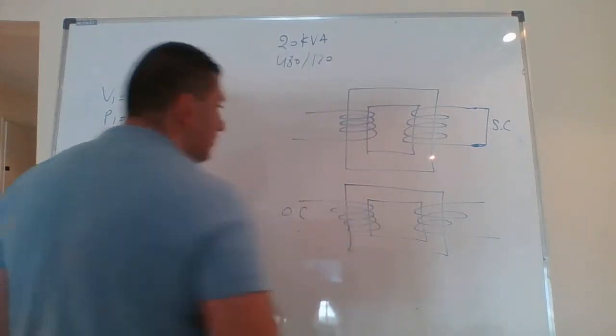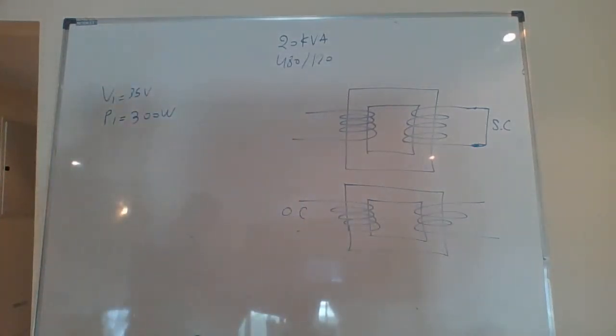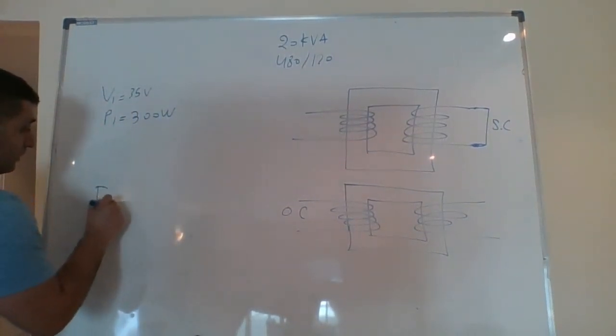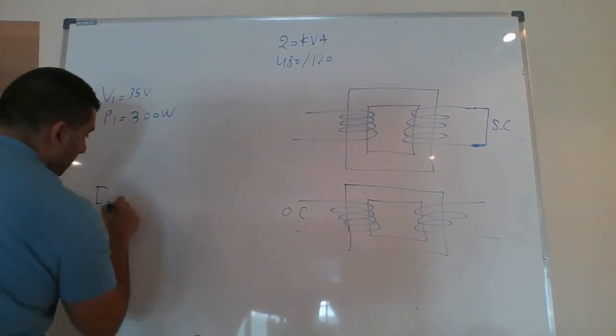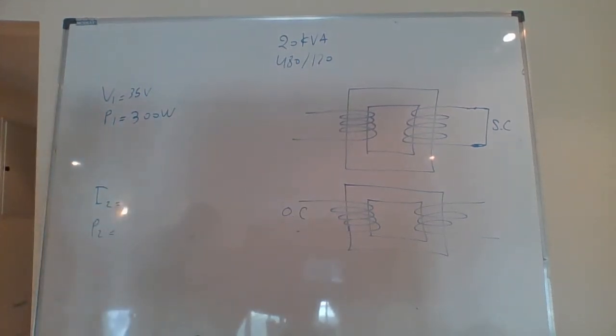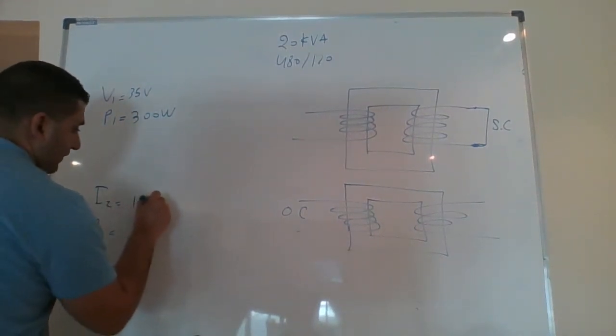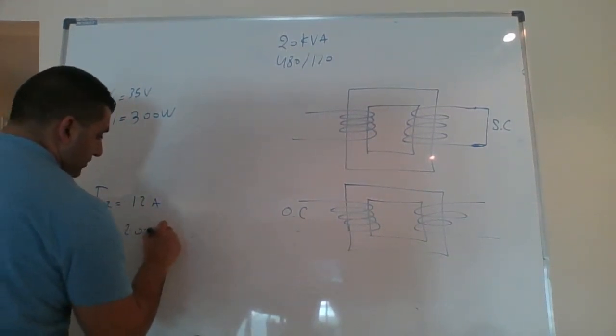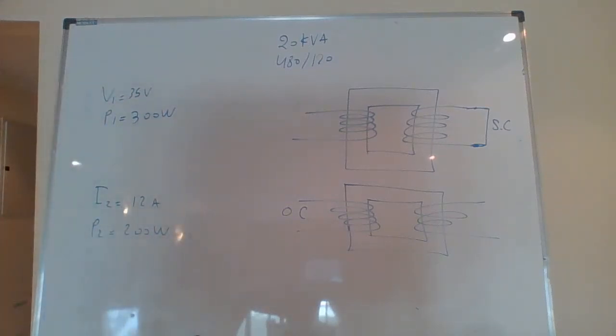I have an open circuit on this side, and I2 and P2 were measured under the open circuit test: 12 amp and 200 watt. So the first question: from the short circuit test, determine the equivalent series impedance referred to winding 1. Neglect the shunt admittance.